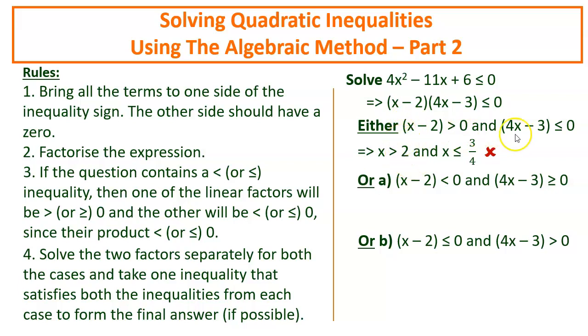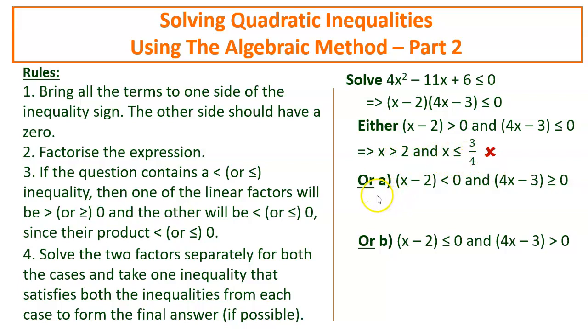It doesn't matter with which subpart I am attaching this equality sign. I cannot take this option, because I cannot think of any number which will be simultaneously satisfying both these inequalities.